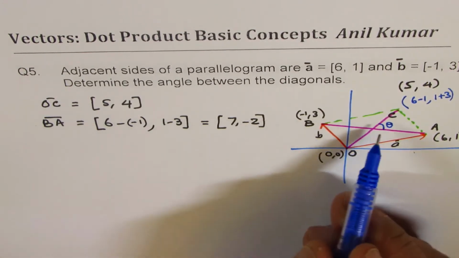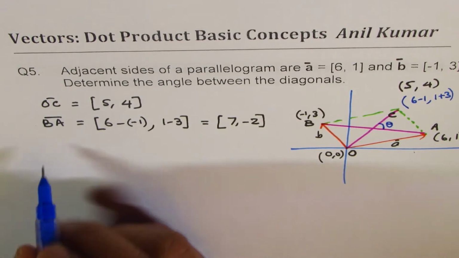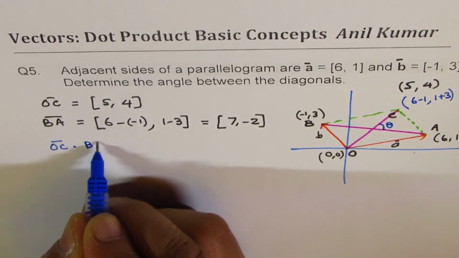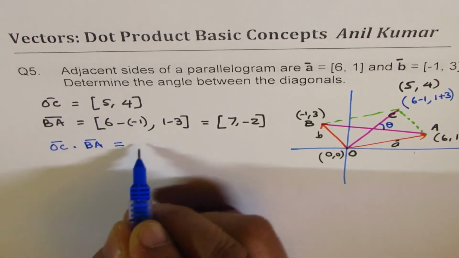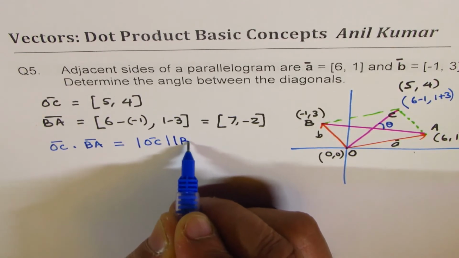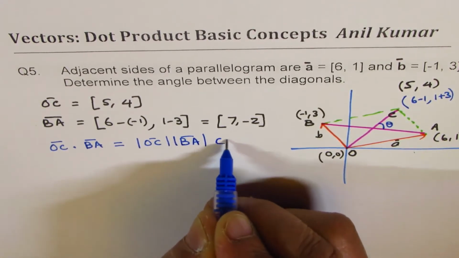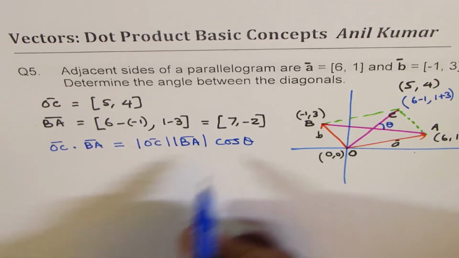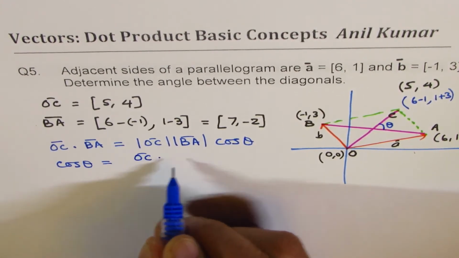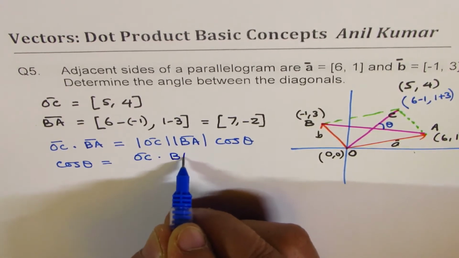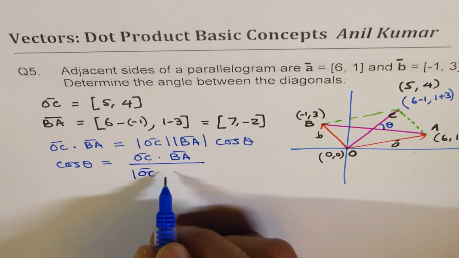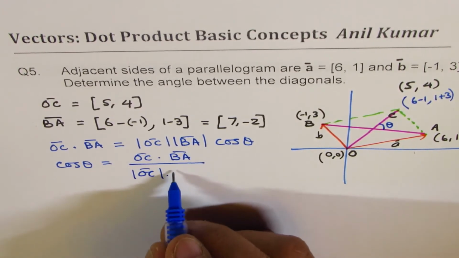We can find this angle using dot product. So what is OC dot BA equal to? That is magnitude of OC times magnitude of BA times cos of theta. So cos of theta equals the dot product of OC and BA divided by the magnitudes of these two diagonal vectors, right?